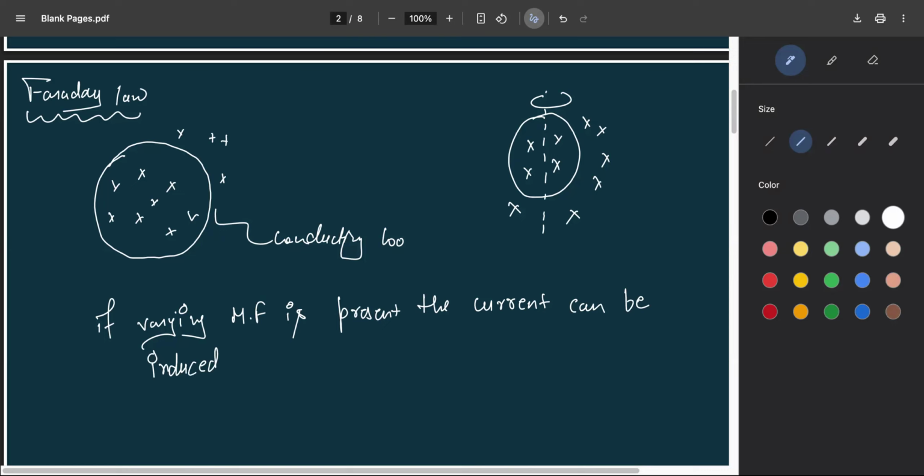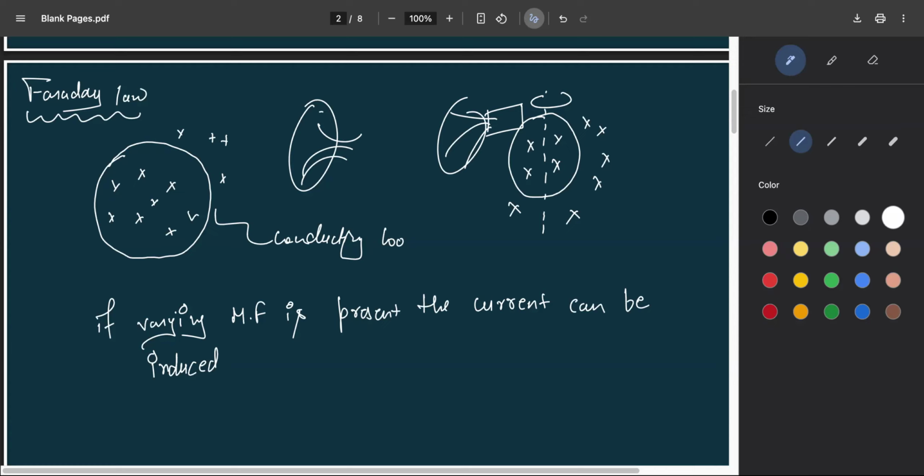Although this all started by saying magnetic field, how is the magnetic field really useful? Assume the loop is here and the magnet is here; it always has a constant magnetic field, right? How are we saying this magnetic field is useful? When this is linked, it means an amount of magnetic field is linked.